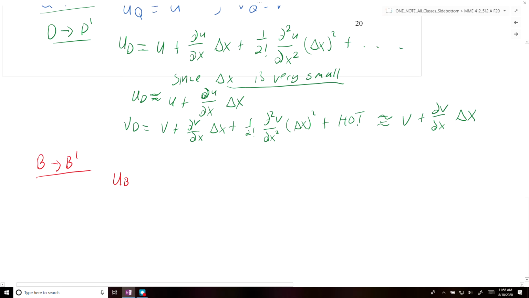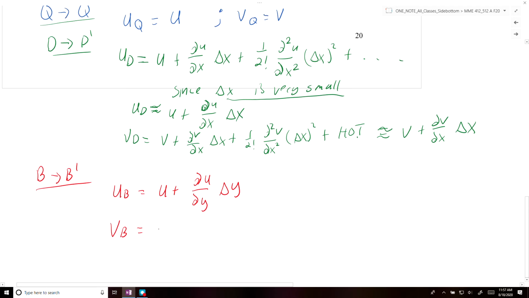and u of d and v of b in a similar fashion to how we calculated u of d and v of d. So u of b is just going to be equal to u plus the change in u with respect to y, delta y, and then for v of b, it's going to be equal to v plus dv/dy delta y.